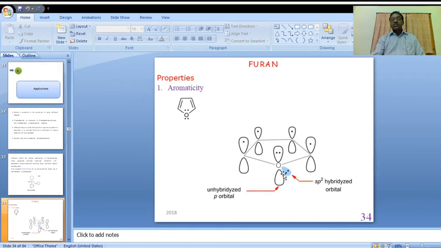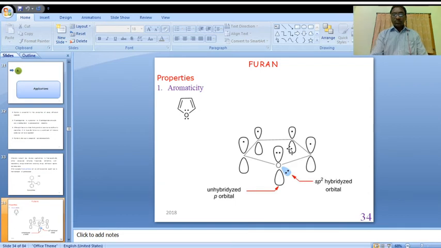On the oxygen atom there is an sp2 hybridized orbital, and another unhybridized p orbital is also present. This unhybridized p orbital carries a lone pair of electrons. Is it clear?